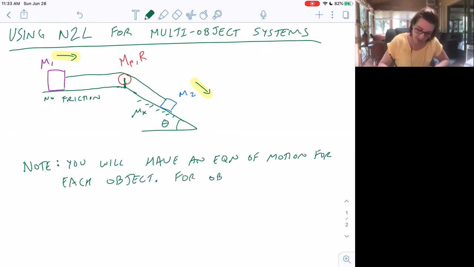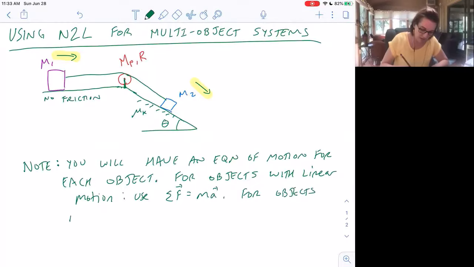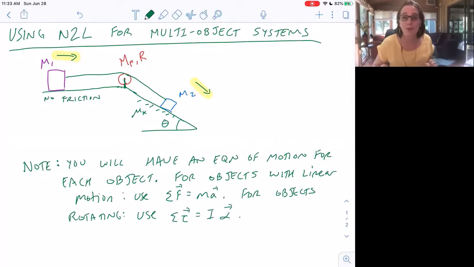For objects with linear motion, you're going to use Newton's second law for linear motion. You're going to use the sum of forces is equal to ma to get those equations of motion. And for objects that are rotating, you're going to use Newton's second law for rotational motion.